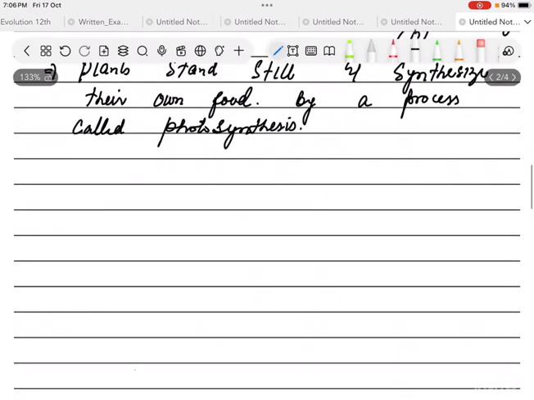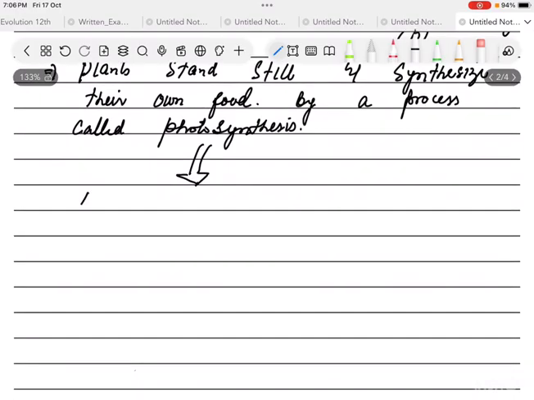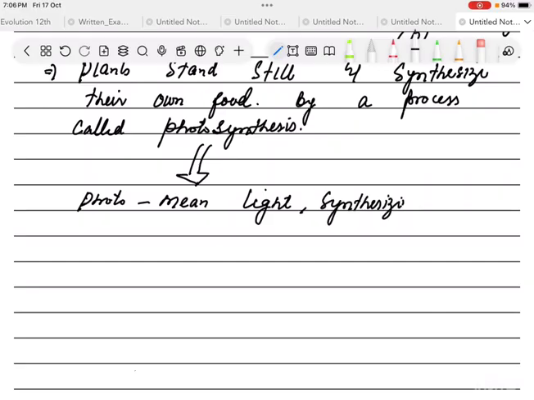Fine. So the question arises here: what is this photosynthesis? If we break down this term, photosynthesis, it is made up of two parts. Photo, the first part is photo, which means light, and the second part is synthesis. Synthesis means synthesizing something.